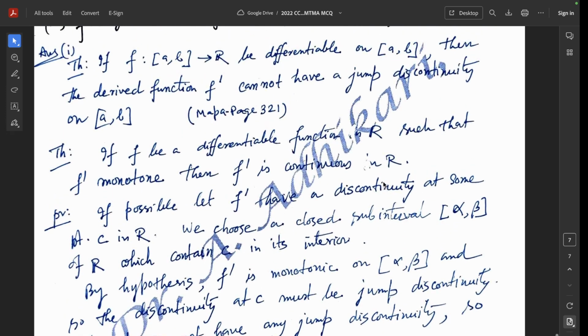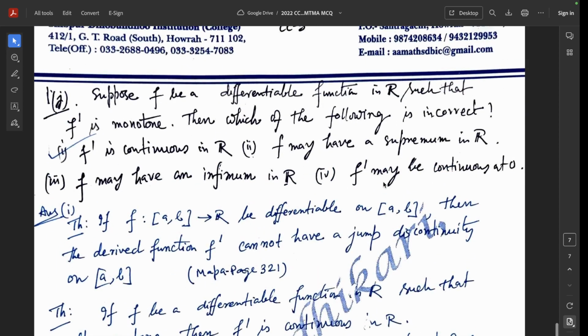If f' is continuous in R and f is differentiable in R, f may have a supremum in R, yes. f may have an infimum in R. f' may be continuous in R, not maybe.